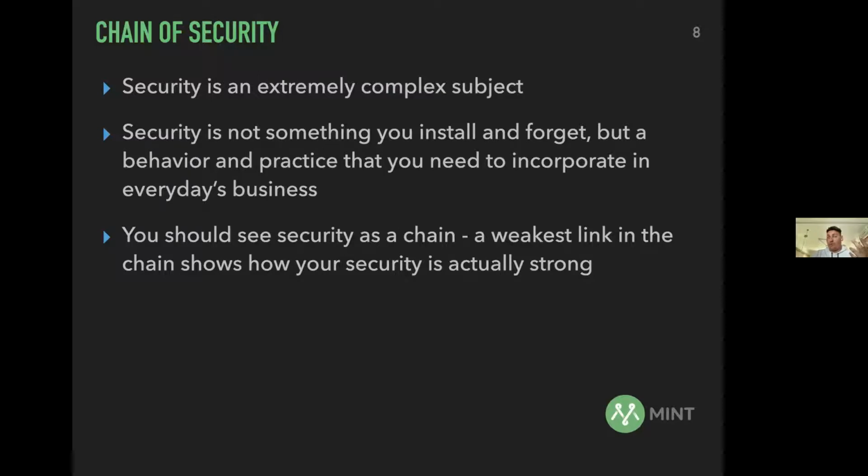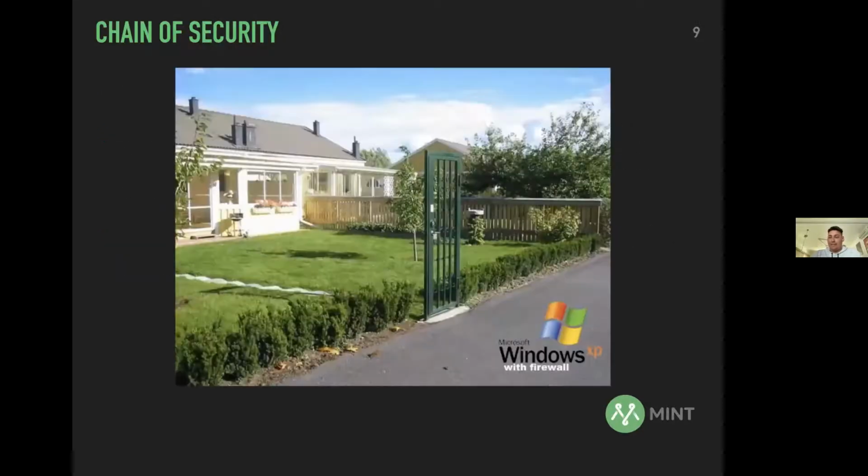So if you want to visually present how that works and looks, this is the chain of security. This is a meme from almost 20 years ago. If we see this house as your WordPress website, it's very nice. It's nicely built. It looks very nice, and you have a proper garden in the front. This is your theme.